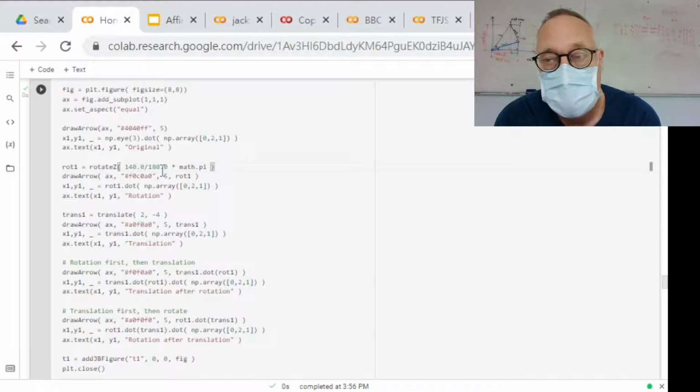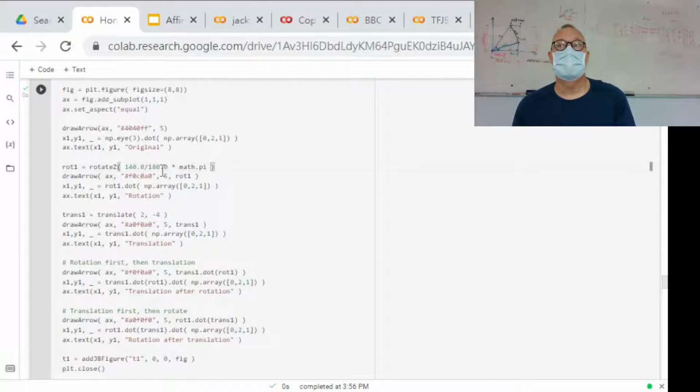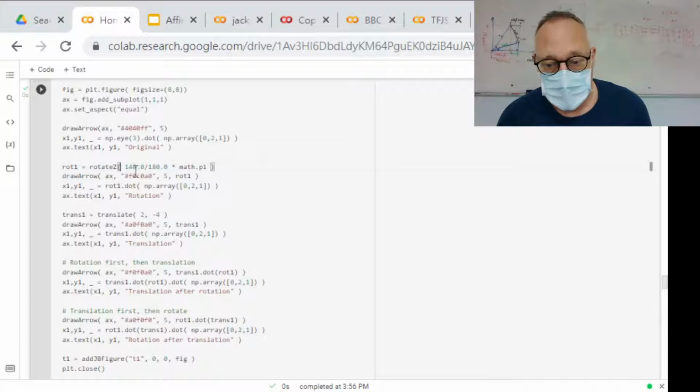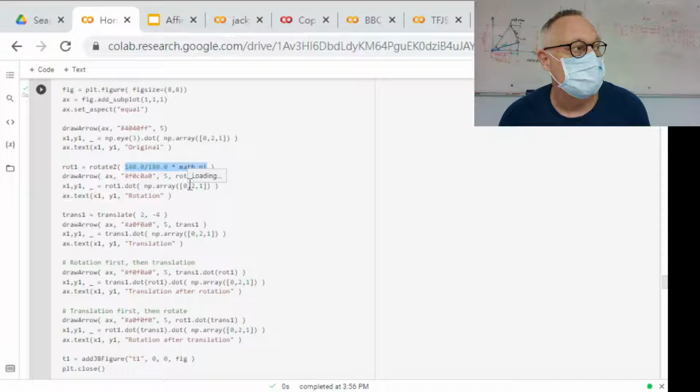So if you call cosine 90 in Python or in C or C++ or any other computer language, then you won't get 0, most likely, because it expects it in radians. So to convert from degrees into radians, you have to divide it by 180 and then multiply it by pi.